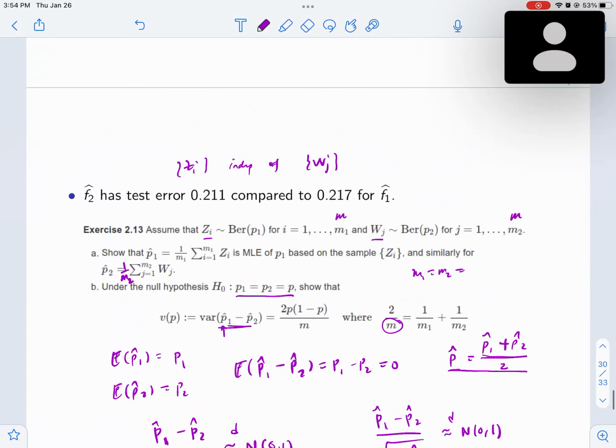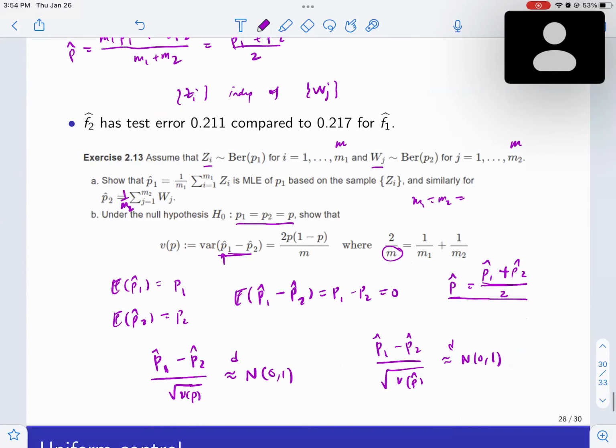In general, you have to do M1 times p hat 1 plus M2 times p hat 2, the pooled estimate, divided by M1 plus M2, because you form the sum of this plus the sum of that divided by the total number. So that would be p hat. In the case where they're equal, it would be like p1. So that's under the null, my estimate of the shared probability.